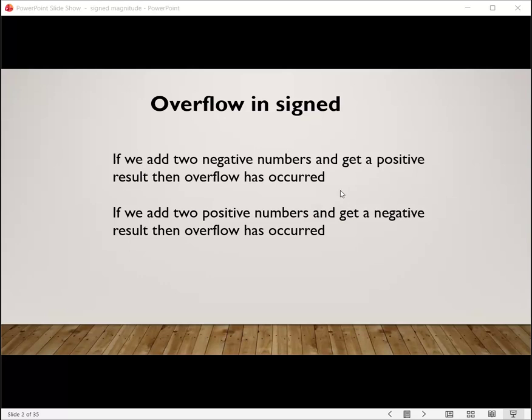Whereas in signed numbers, for example, if we add -7 and -7, how do we write -7? First, we'll find the value of +7. +7 is nothing but 1, 1, 1.